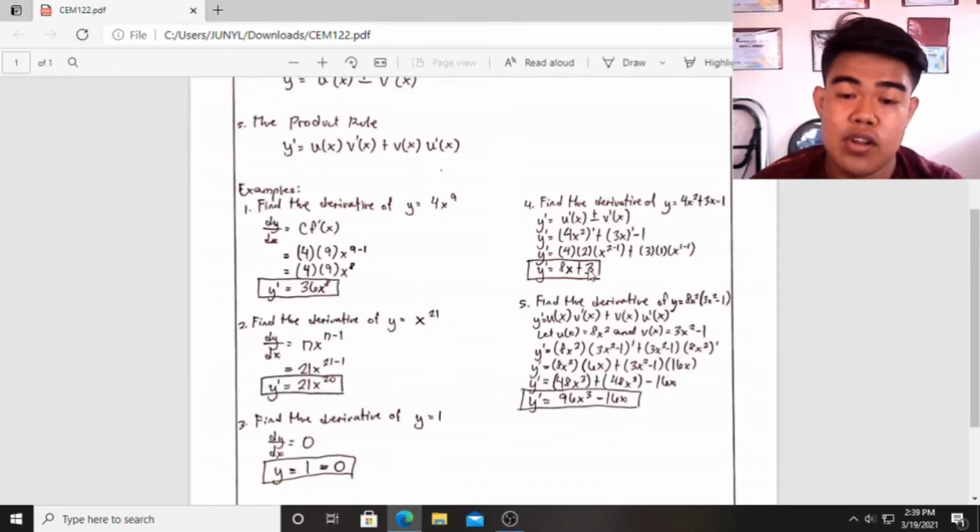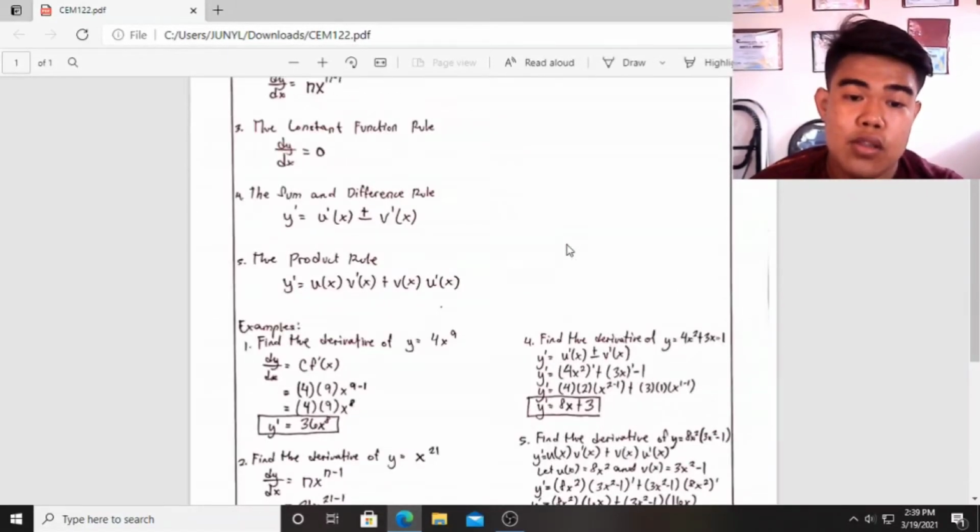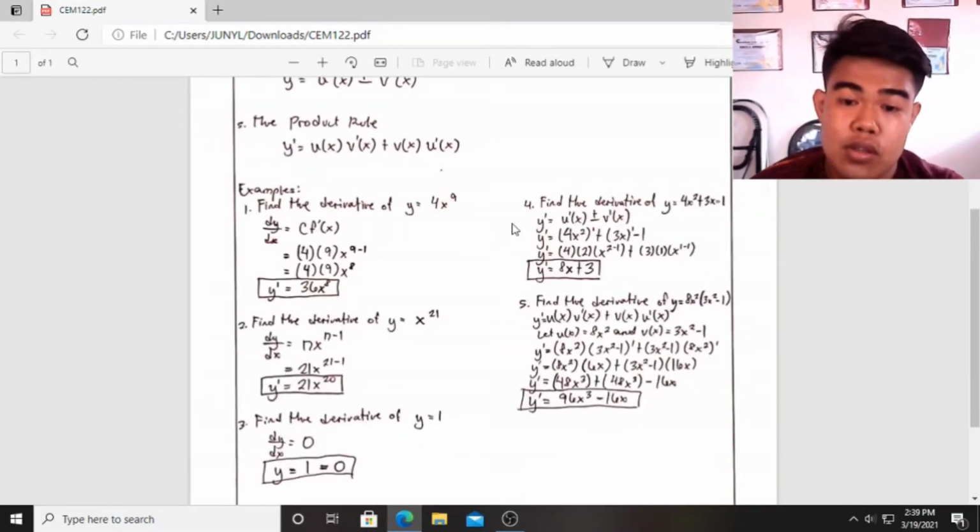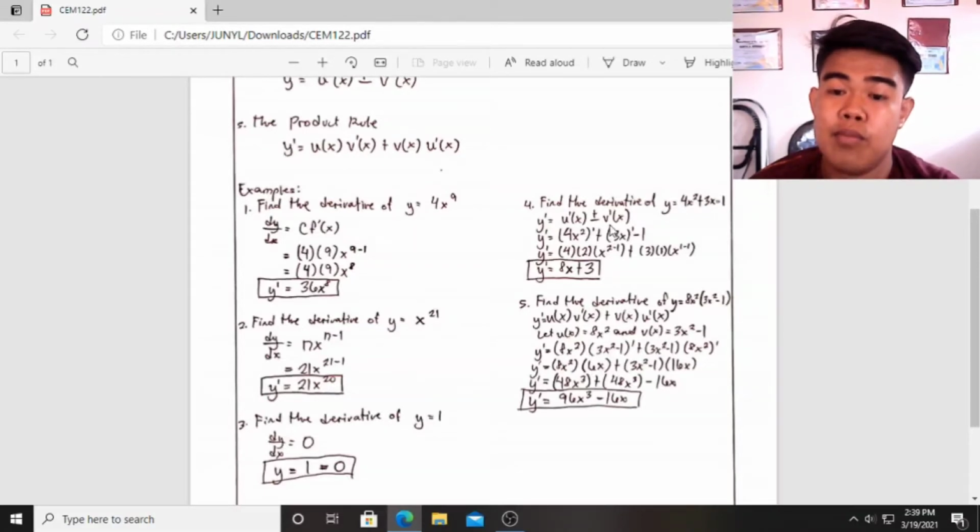So this is the formula that we are going to use for the sum and difference rule. So I substitute it. So u prime x is 4x squared prime, and v prime x is 3x prime, then minus 1.